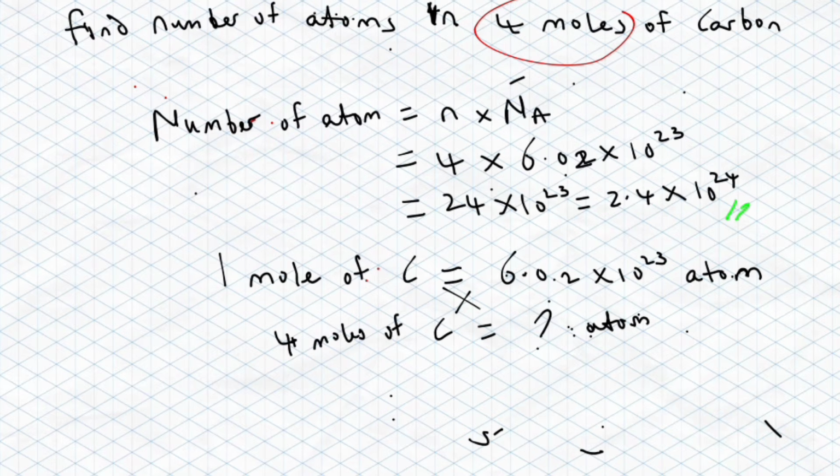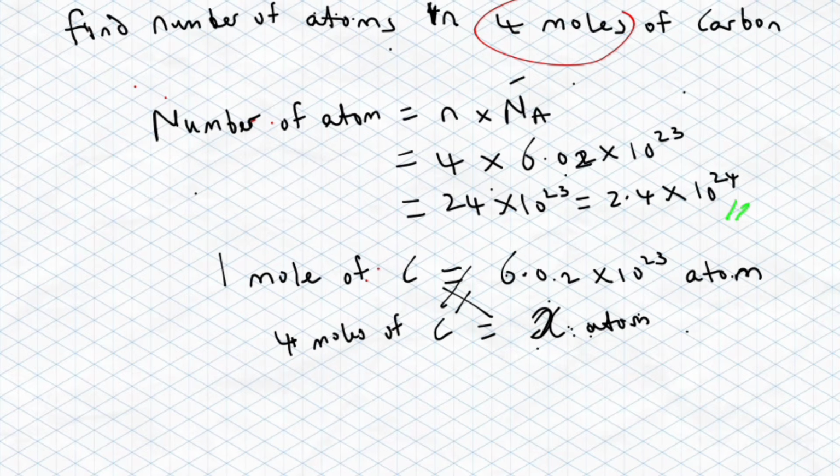And you just cross multiply. Let's say this, instead of putting a question mark, let's put x unknown. So we have x, let me just write it as C, x atoms. Okay, let me write it this way.